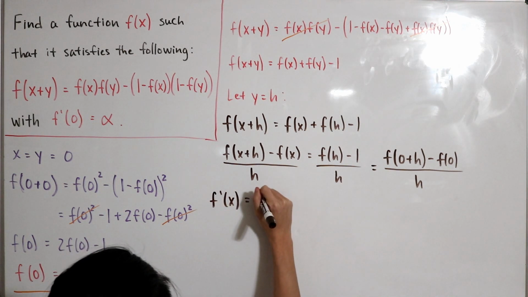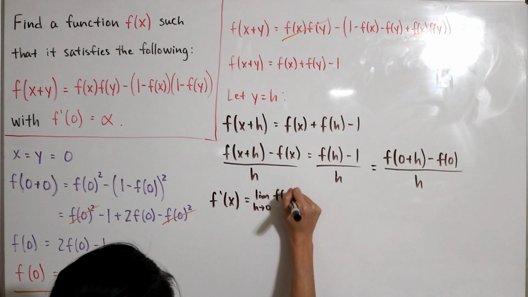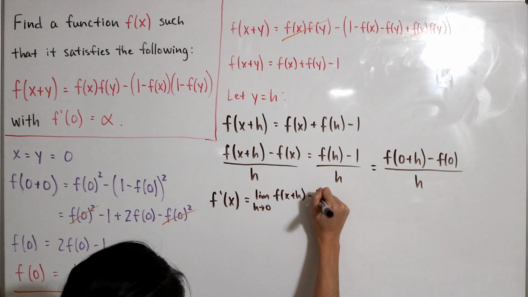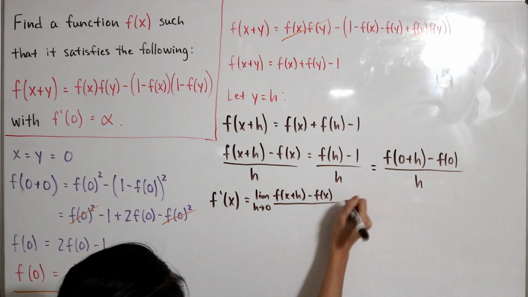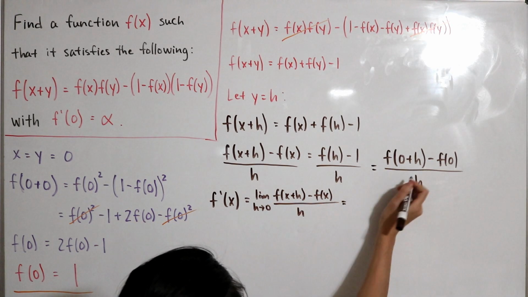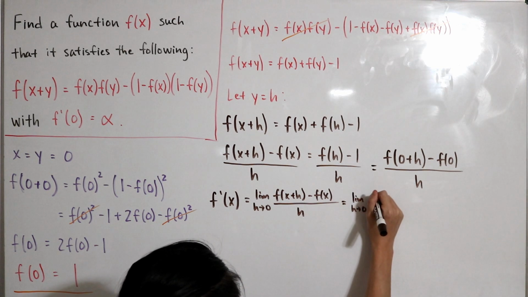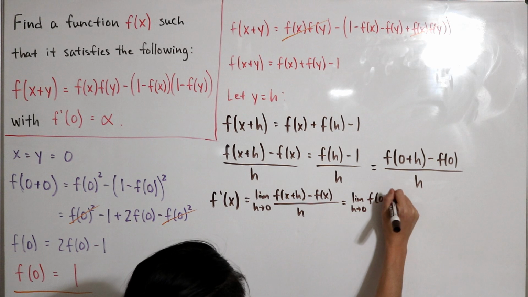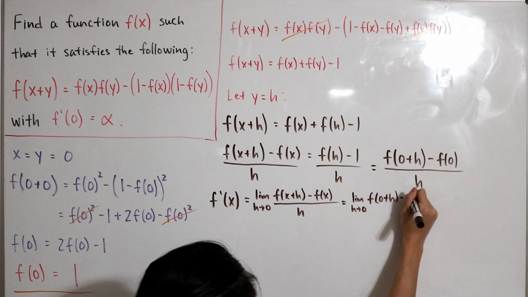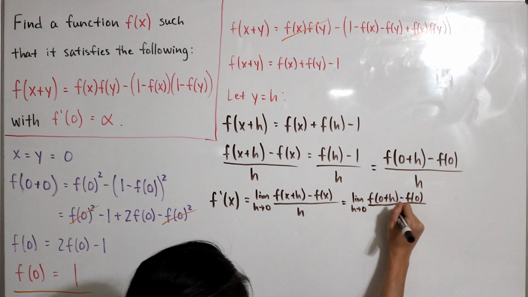Then here, the limit as h approaches 0 of f of x plus h, subtract f of x, then divided by h. Then we take the limit to both sides, so the limit as h approaches 0 of f of 0 plus h, subtract f of 0. So I'm just simply rewriting the same thing, just taking the limit.